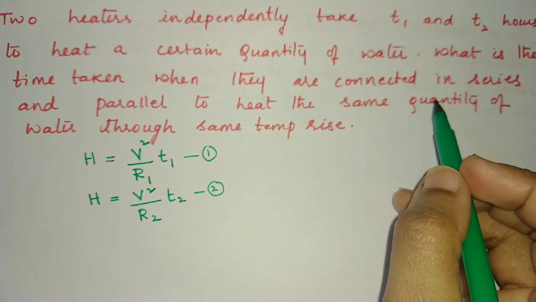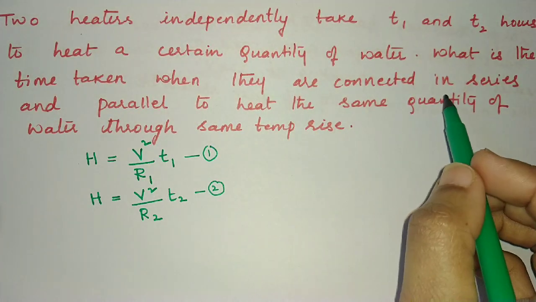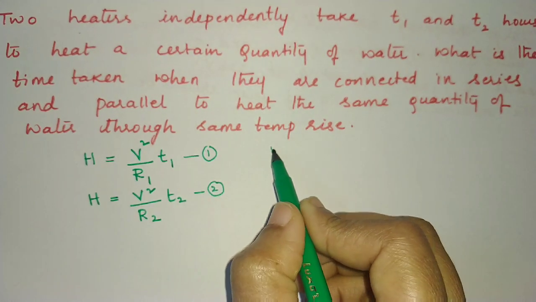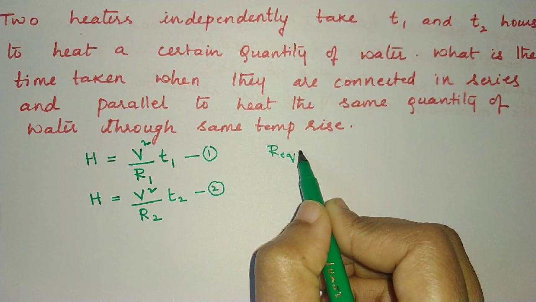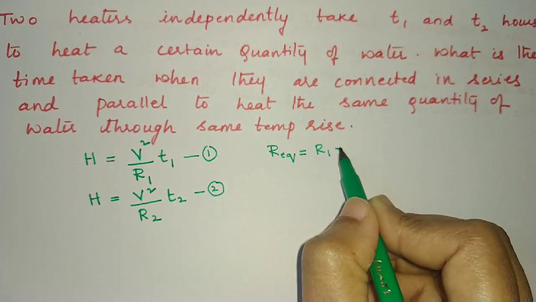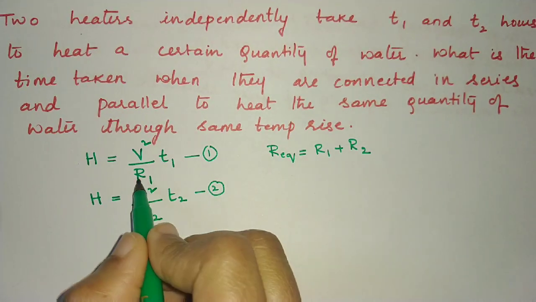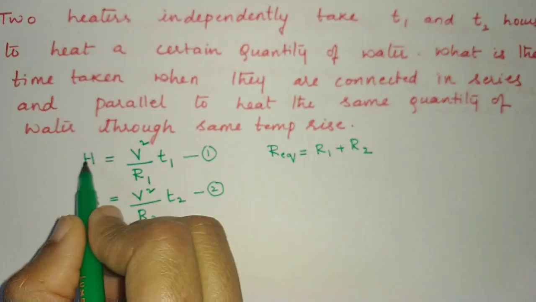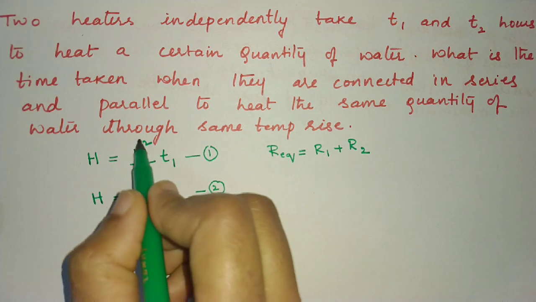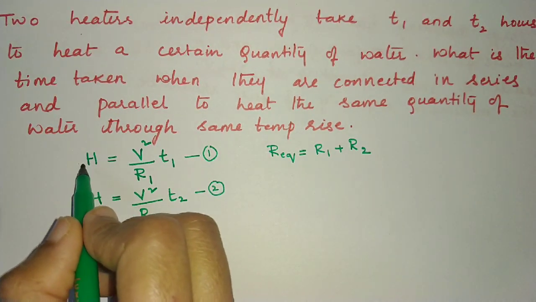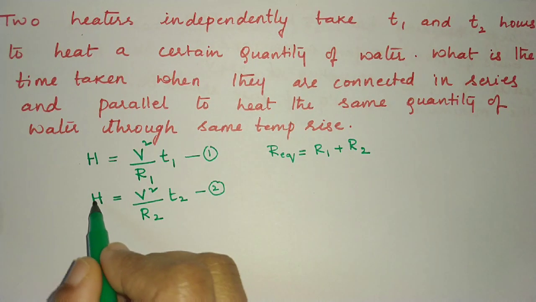Now let us find the amount of time taken when they are connected in series. We know when two resistors are in series, R equivalent equals R1 plus R2. Now I will replace each resistance as V square by H into T1, because V is not going to change and H is also not going to change. This is the heat required for heating a certain quantity of water.